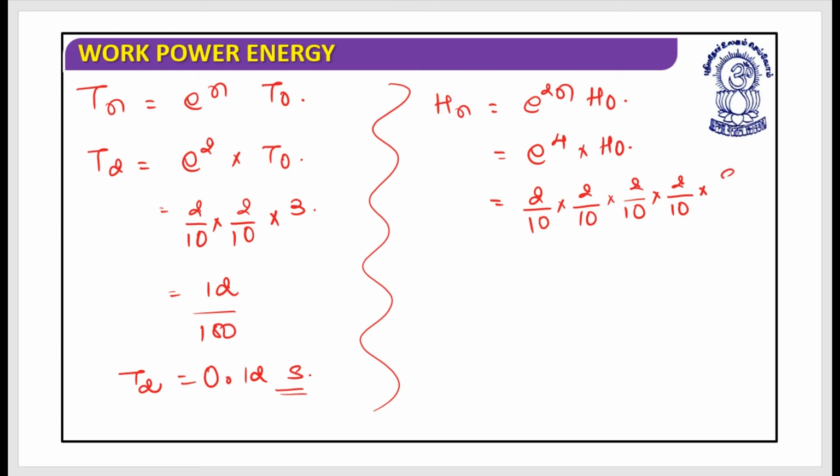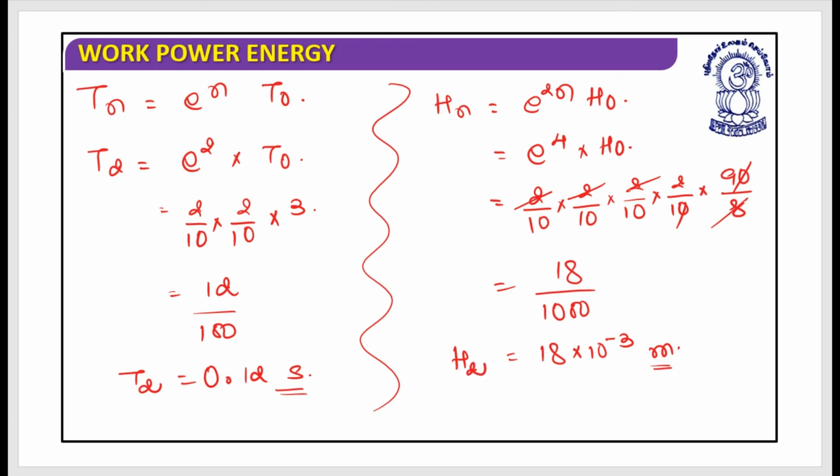Yes, it was 90 by 8. So 2 twos are 4, 4 twos are 8. This cancels, and I am left with 9 twos are 18 divided by 1000. So it's 18 into 10 to the power minus 3 meters. This is the height after the second bounce.